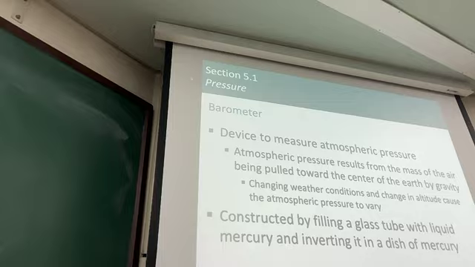What actually is pressure? Pressure is just force per area.